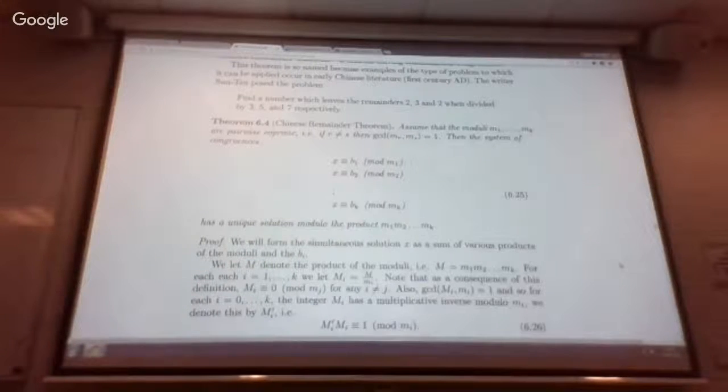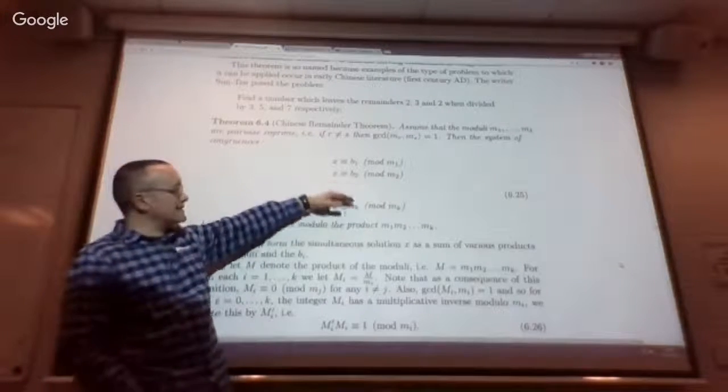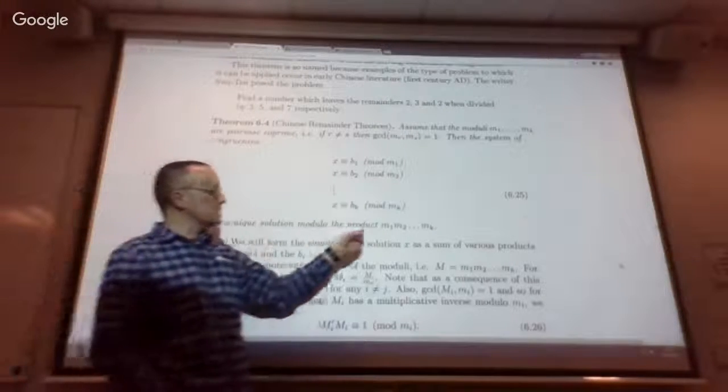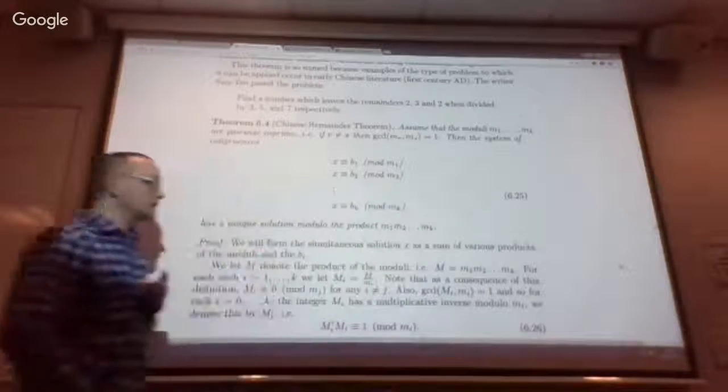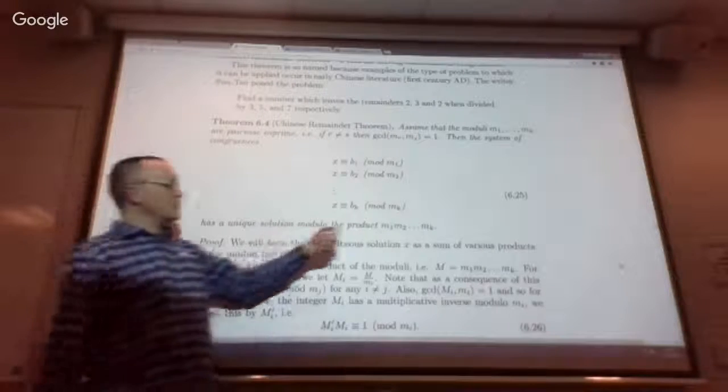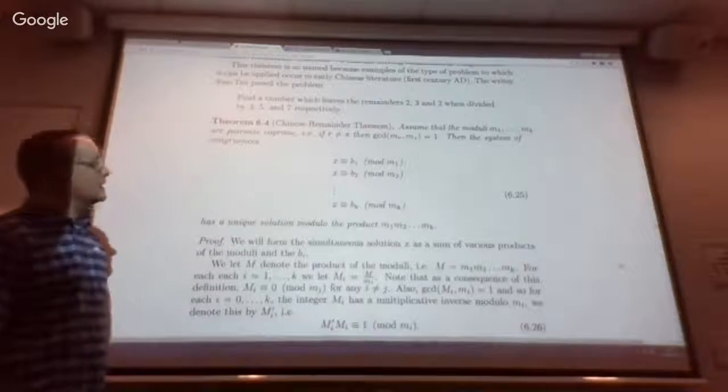if those are pairwise coprime, then this set of congruence classes actually corresponds to a unique congruence class modulo the product of all the moduli. So there's one and only one congruence class modulo the product m1 times all the way up to mk.